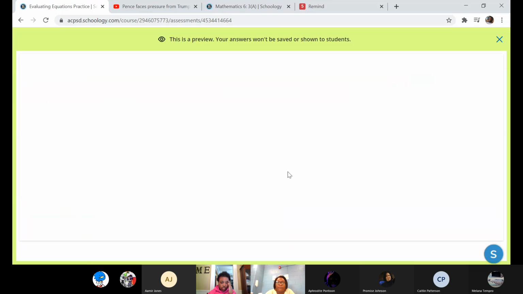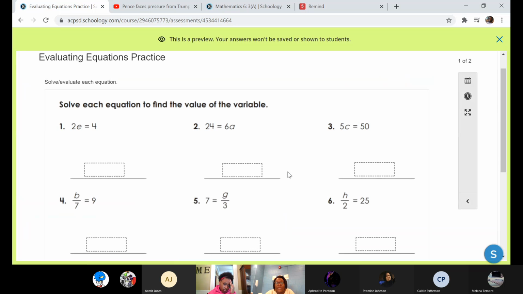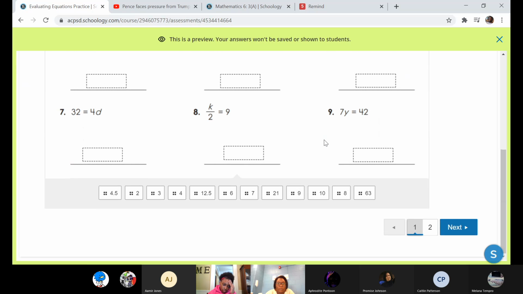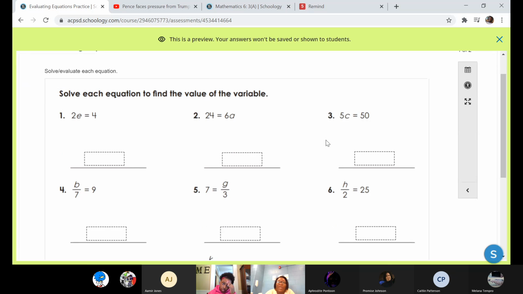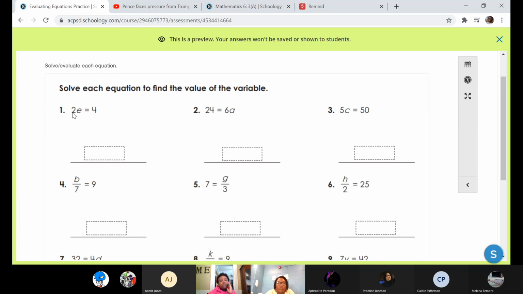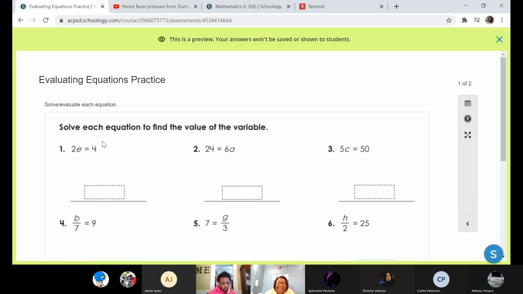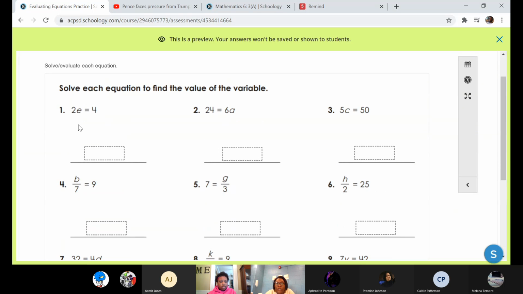Let's talk about what I'm expecting of you. Okay, let's preview it. Remember, you only get 2 attempts, so take your time. What I want you to do is practice with solving equations today. You and I will do number 1 together so that you have some practice with it and can remember what you need to do here.